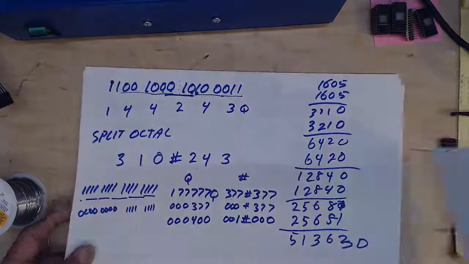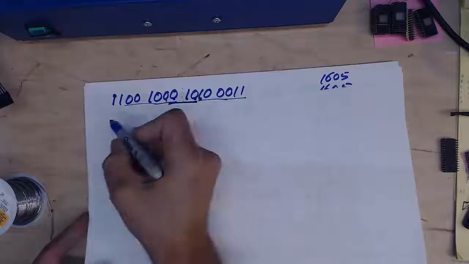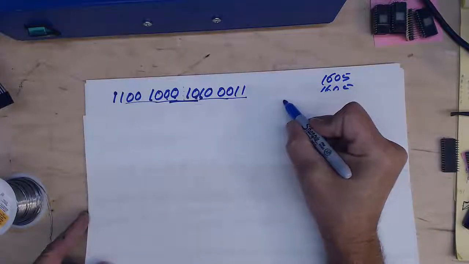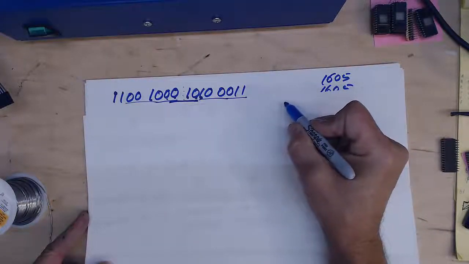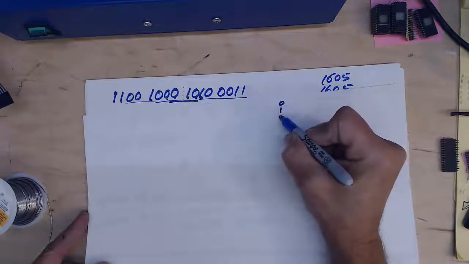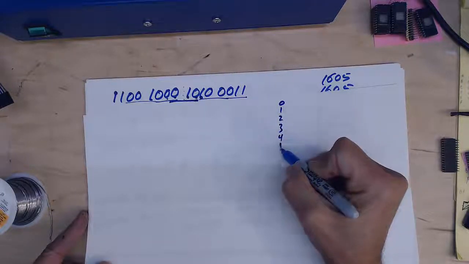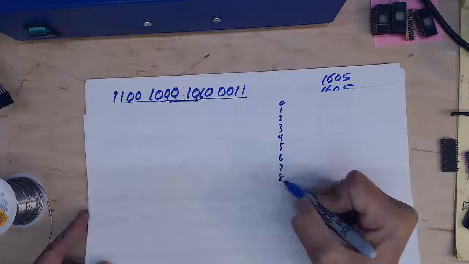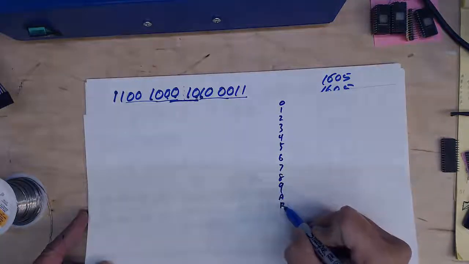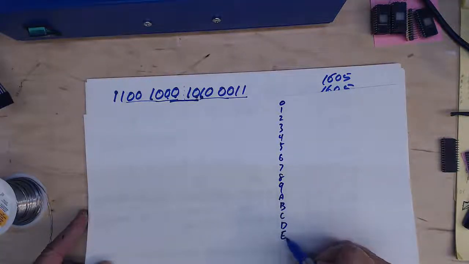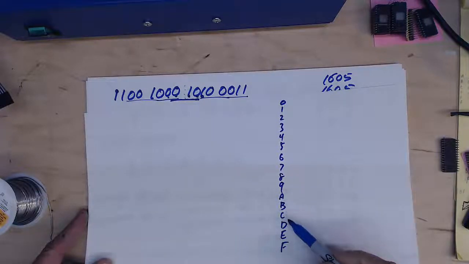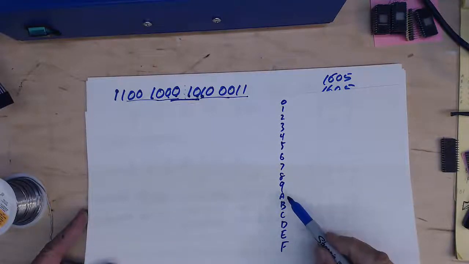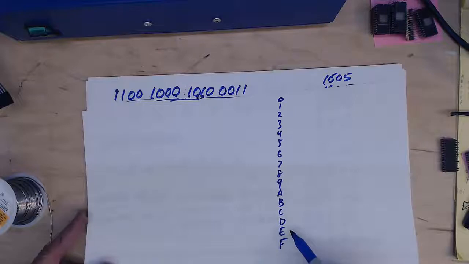And of course, now we all know and love hex. So if we look at our value or hex, that just means that we're in hexadecimal. We've got 16 values. So 0, 1, 2, 3, 4, 5, 6, 7, 8, 9, A, B, C, D, E, F. And even the A, B, C, D, E, F, it took a while for that to become a standard. People wanted to use all sorts of odd things before that.